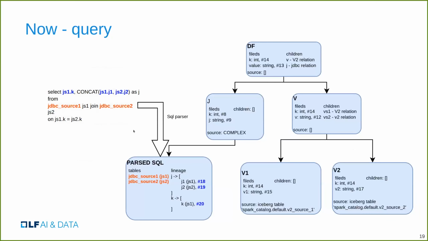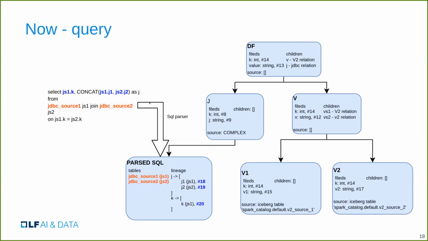So what we now did is extract the information from the query by parsing it, and from that we get the information that we have JDBC source 1 table and JDBC source 2 table, and the lineage information about each column defined inside the query. With that, we have our normal column lineage mechanism that relies mostly on those numbers with a hashtag, which are the expression IDs.